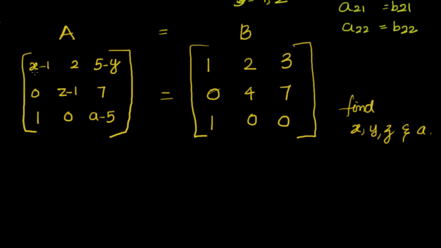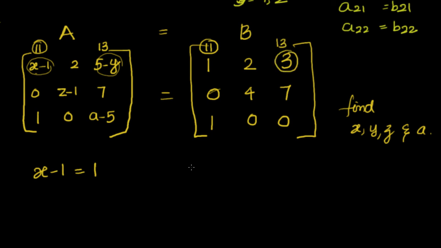So what will we do? We will take the places where we have a variable, that is x minus 1. It is the first row, first column, the 1 1 element. So I will go to the corresponding element in B, and write x minus 1 equal to 1. Similarly we need to find y, which is in the first row, third column, 1 3, and the 1 3 element here is 3.